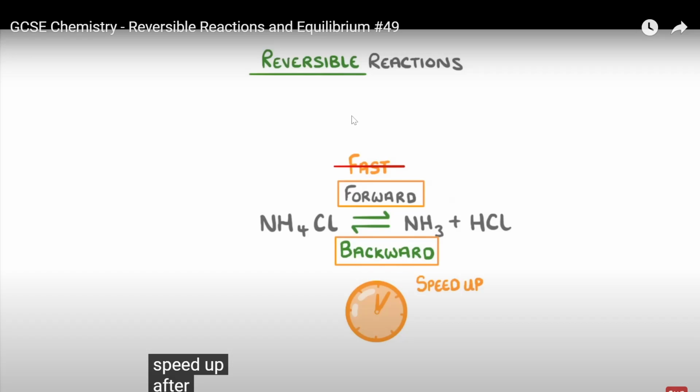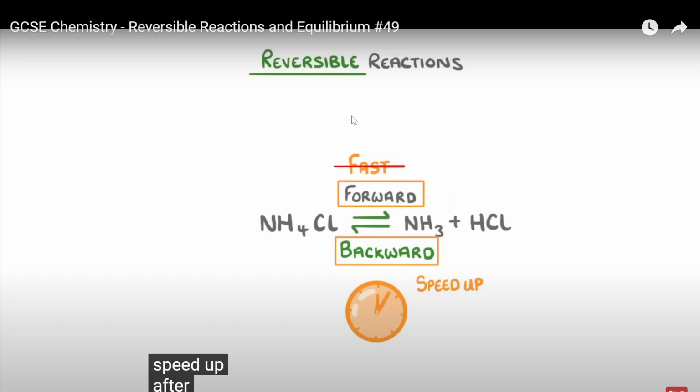So, going through that one more time, if we start with all of this and none of this, forward rate is fast because we got lots of this stuff colliding, and we got none of this stuff colliding, so the reverse rate is nothing. Now, we start making product. That means that product concentration is increasing. Therefore, there will be more collisions between product molecules, which means the reverse reaction will speed up.